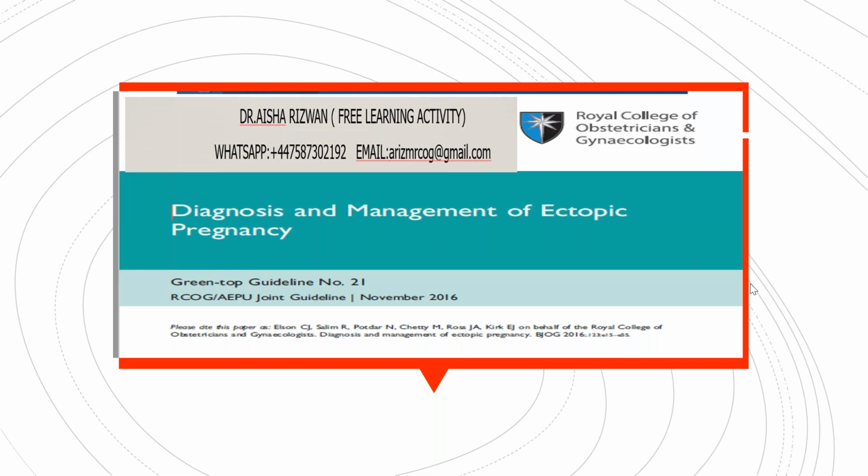So the next type of management can be expectant management. So who is suitable for it? Expectant management is a suitable option for patients who have been appropriately selected and counseled. First of all, they should be willing to attend the clinic for follow-up, and they should be able to do that.